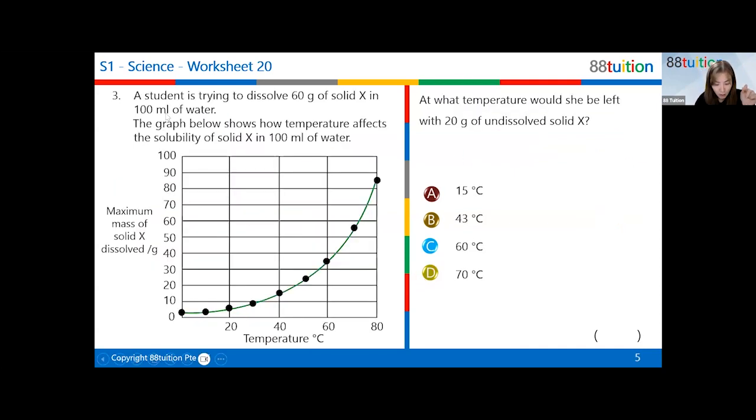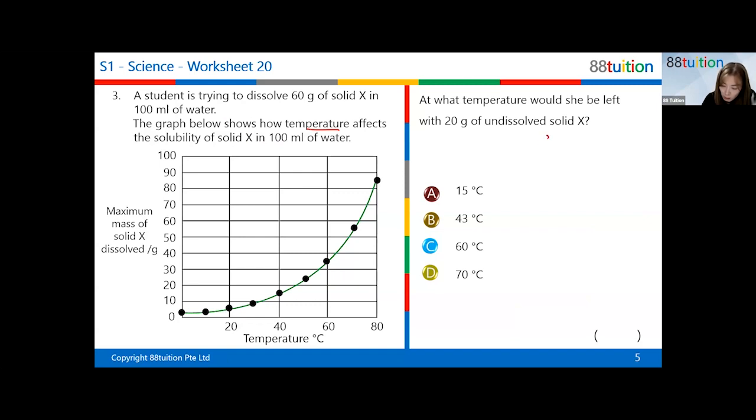All right, question 3. A student is trying to dissolve 60 grams of solid X in 100 ml of water. So now you are supposed to look at the graph, right? It shows how temperature affects solubility. The standard volume of water is 100 ml. At what temperature would she be left with 20 grams of undissolved solid X?